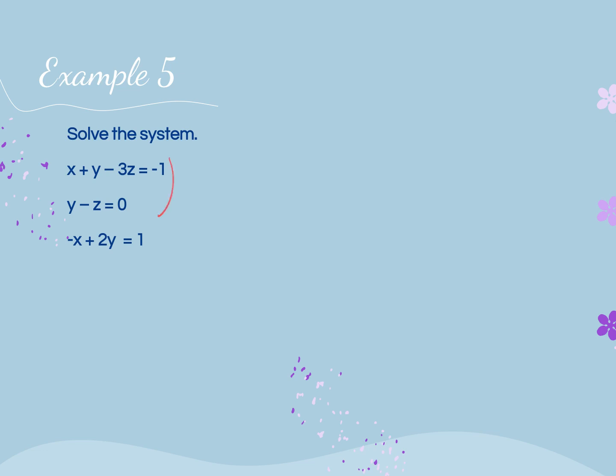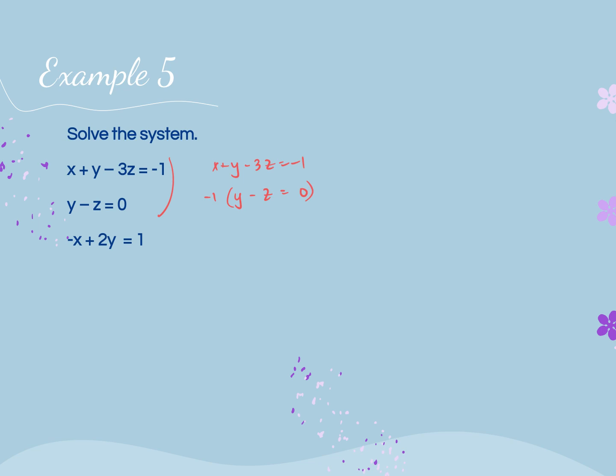Again, I'm going to do the first two. I'm going to do x plus y minus 3z equals -1, and y minus z equals 0. And so what I'm going to do here, I think I'm going to multiply the bottom by -1, and that way I can eliminate my y's. So I'll multiply by -1.